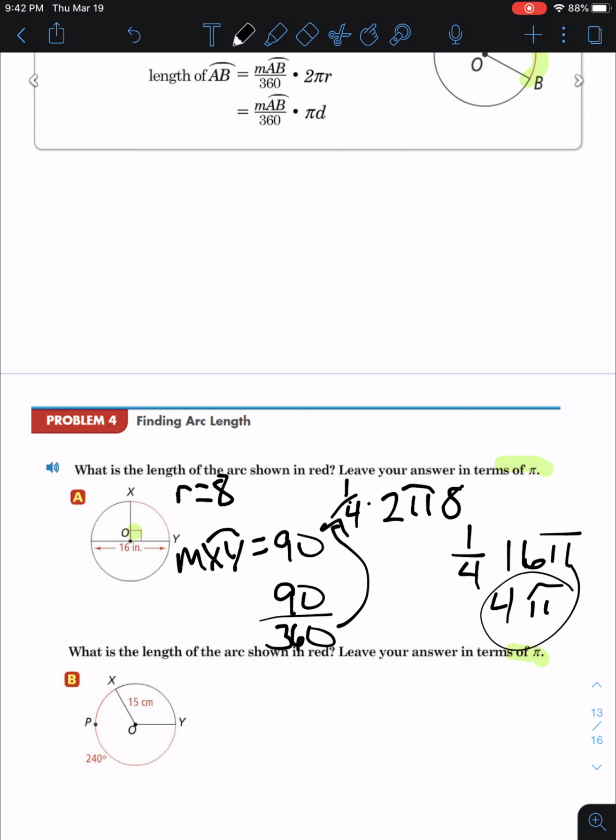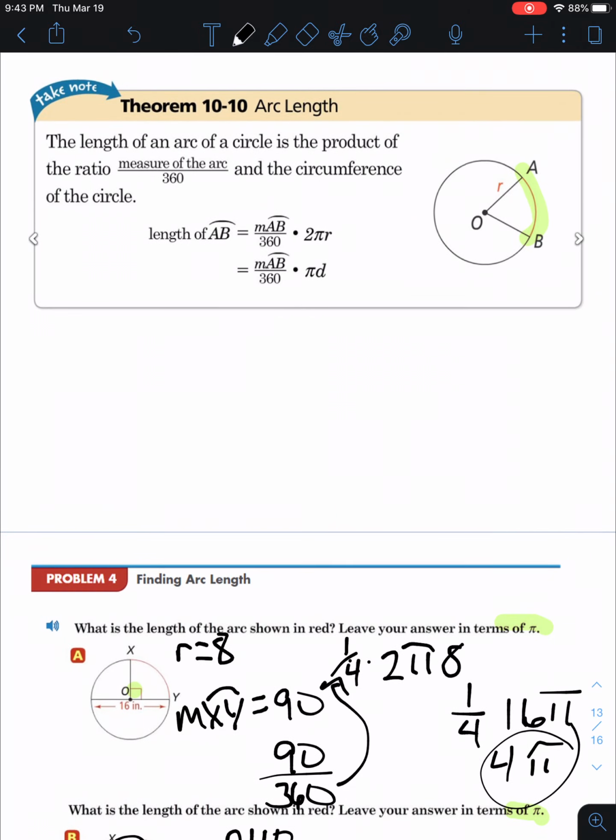This time the radius is given up here, 15 centimeters, and we have this major arc. Okay, this was a minor arc. It was 90 degrees. This one down here is a major arc, and it verifies that by the degree value, 240 degrees. So we will take our 240 over 360, just following the formula.